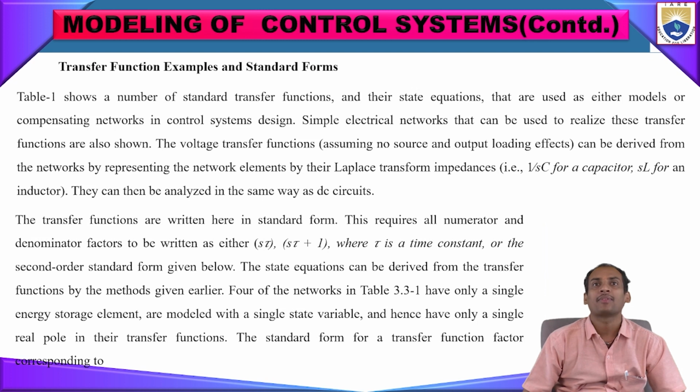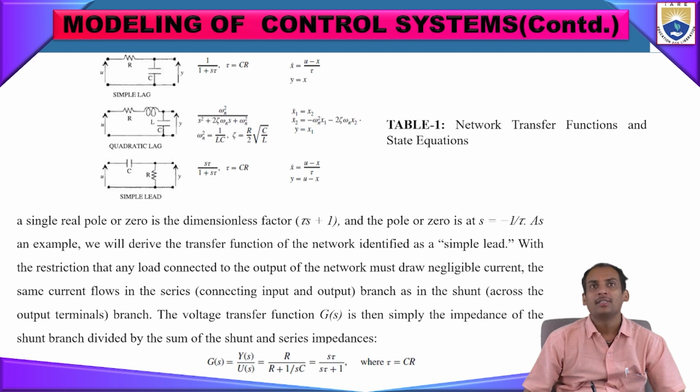Here we are dealing with transfer function examples, and it's a standard notation. Here you see Table 1. There are many things given here. These are representations of several circuits: a resistor and capacitor circuit, and different types of leads.